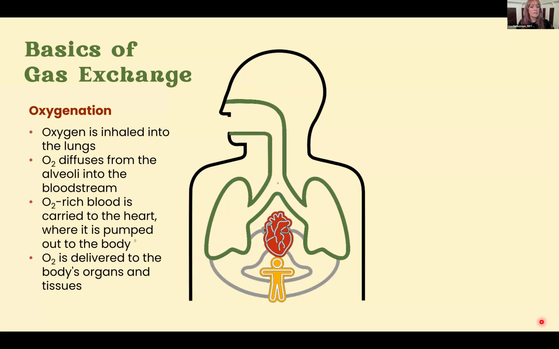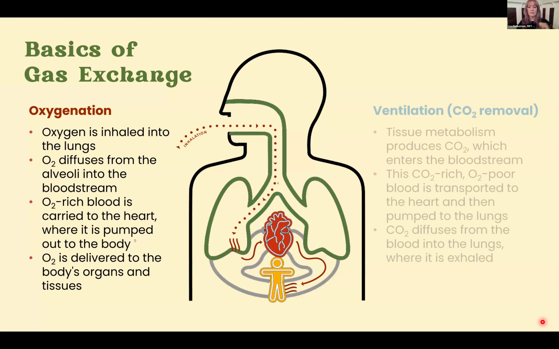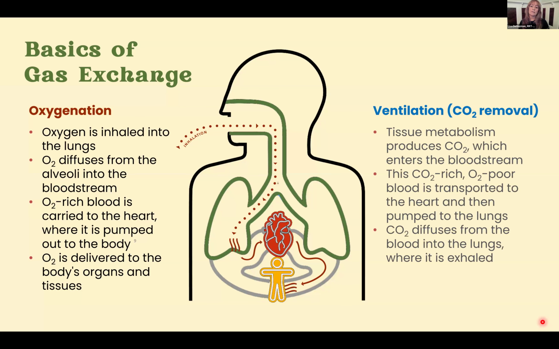So again, oxygenation: it's inhaled into the lungs. It diffuses from the alveoli, and we're going to look at those things more closely as we go through. It enters the bloodstream, is sent out to the body, and then our body uses oxygen, and a byproduct of cell metabolism is CO2.